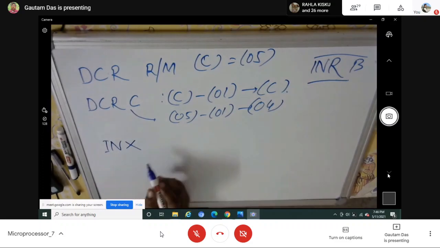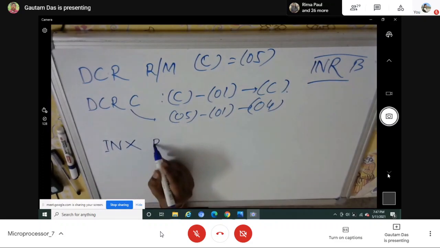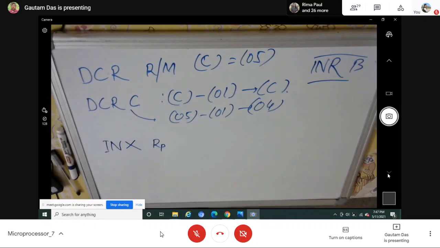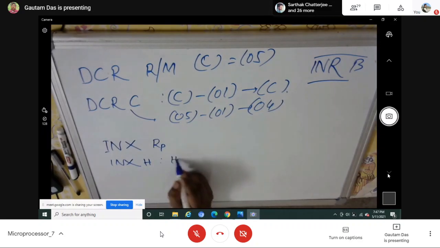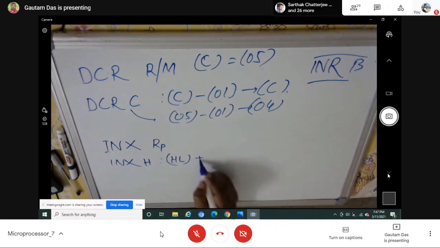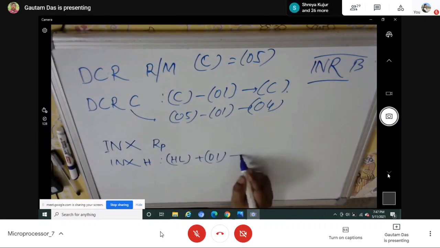So what should be the operand? Definitely the operand should be the name of a register pair, in general RP. In specific, if I write INX H, I want to increment the content of the HL register pair by 1. The 16-bit content of HL will be incremented by 1 and stored again in HL.